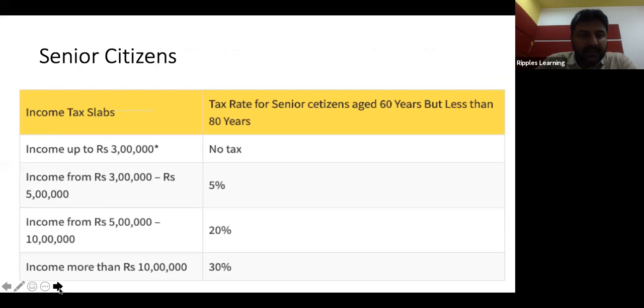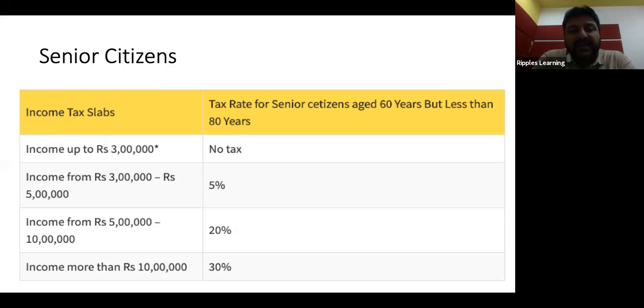Okay, great. Now for senior citizens, there is a small exemption in the old tax regime: 0 to 3 lakhs, there would be no tax. 3 to 5, it would be 5%, as for people less than 60. 5 to 10, it is 20%, and income more than 10 lakhs is 30%.